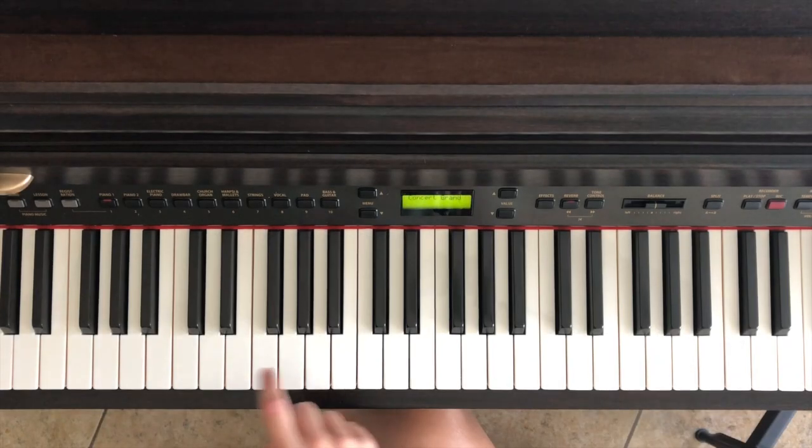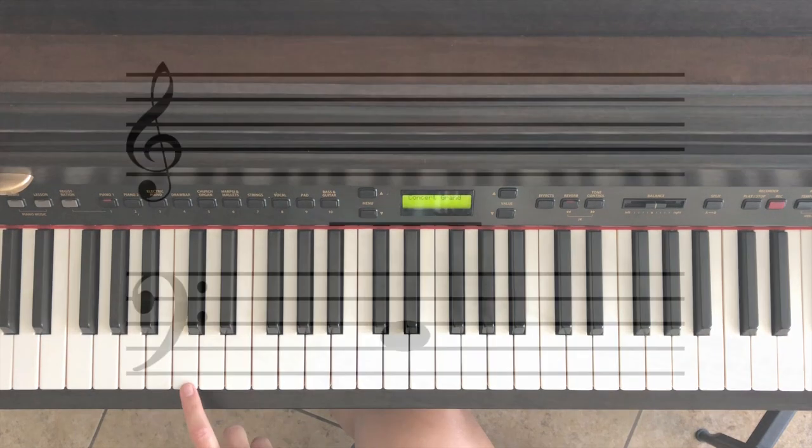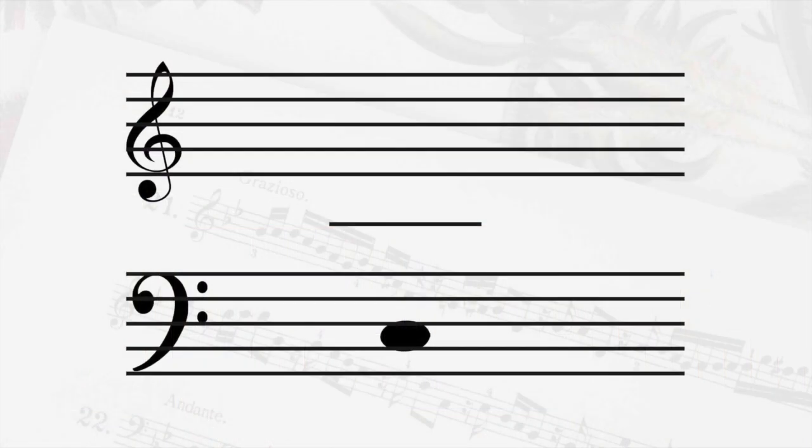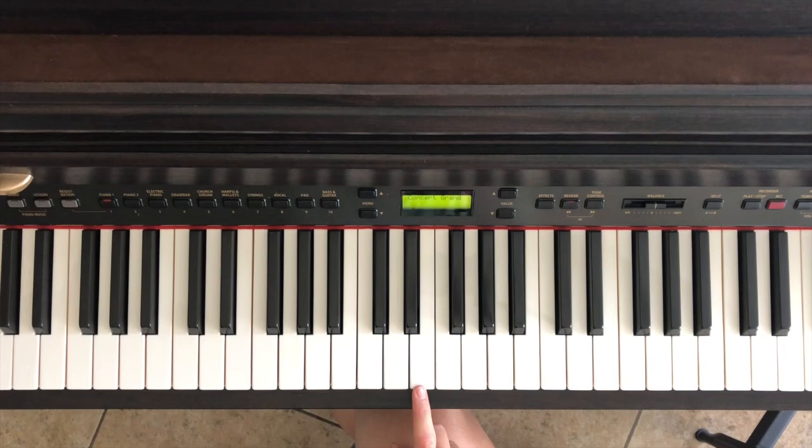Here's another sound. This is another C, and it looks like this. Here's another sound.